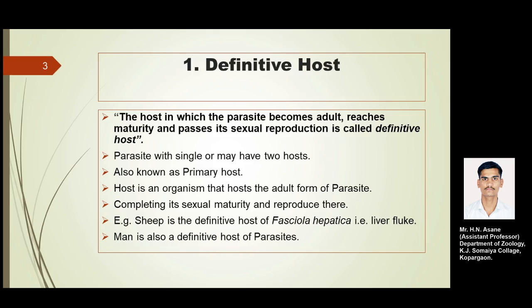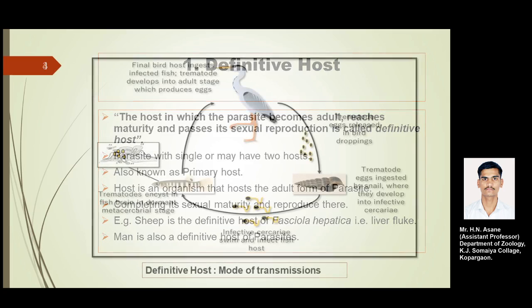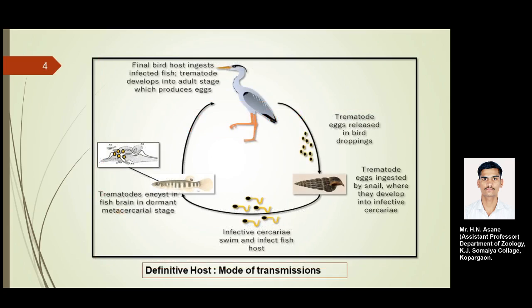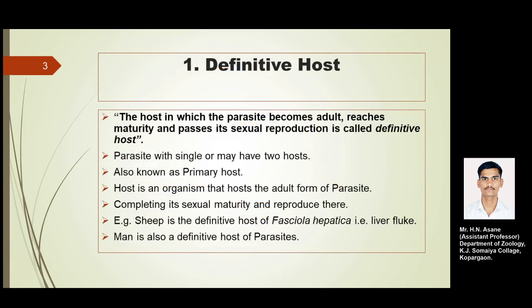That means the host which provides space for the sexual reproduction of that parasite is known as the definitive host. While moving towards the definitive host, the parasite is harbored by means of intermediate hosts, and by means of the intermediate host they get in touch with the definitive host.